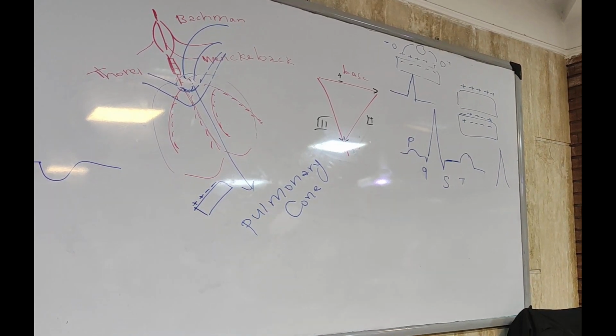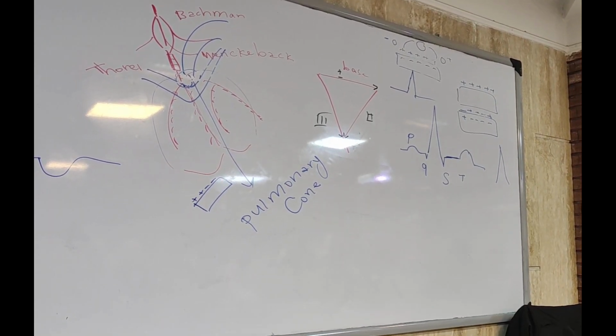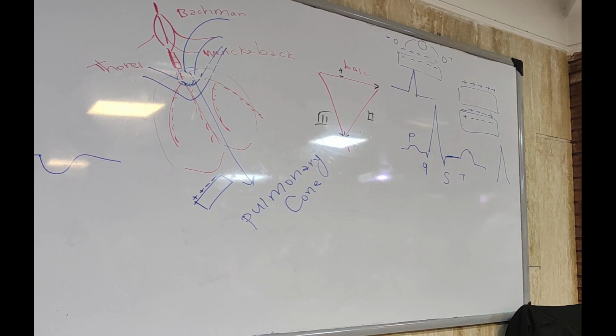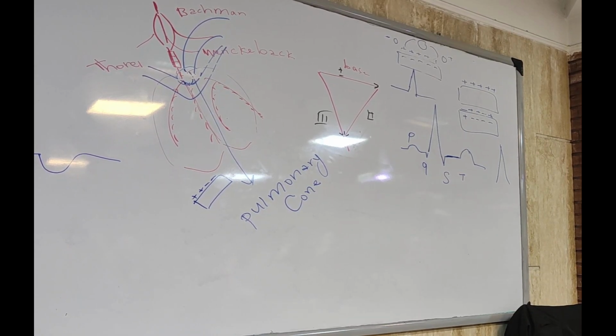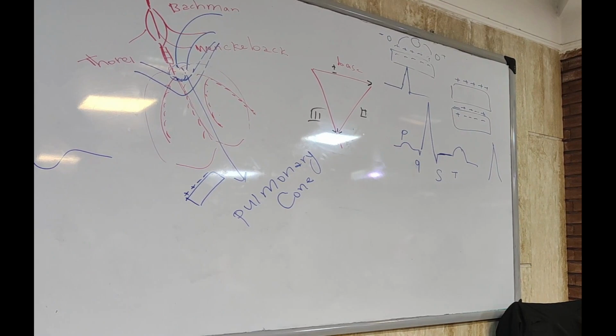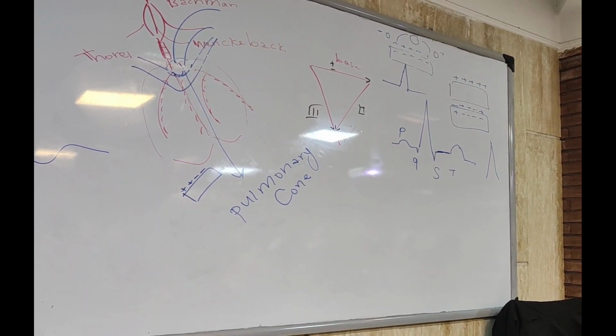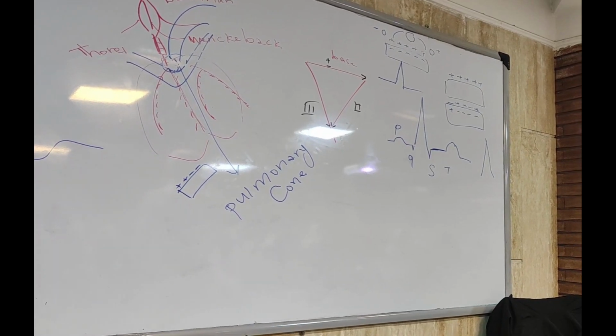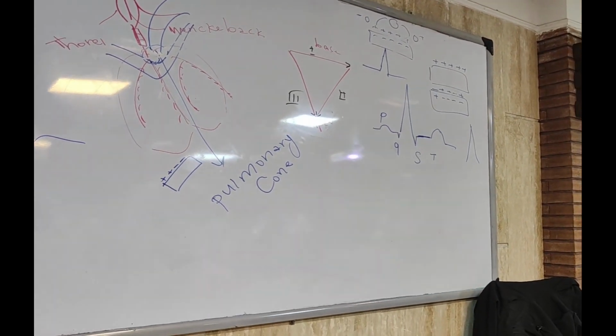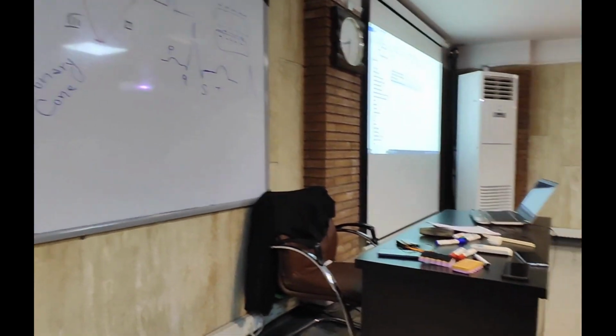Now, let us see what he did. In electrocardiography, the right leg is the neuter electrode. Neuter, N-E-U-T-R-E, neuter. It doesn't have any polarity. It is connected to the ground.